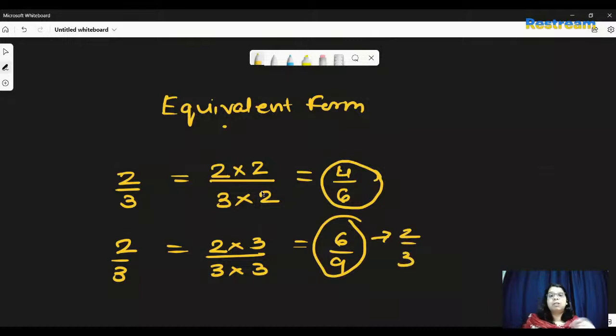So if I try to simplify my equivalent form, I should always get the basic or the simplest form from which we have derived the equivalent form. Now this rule is very, very important when we are going to learn about addition and subtraction of fractions. And this only happens when there is no other operation on the fraction, like we have a standalone fraction like this.